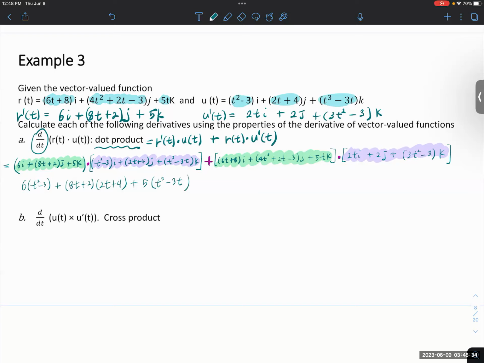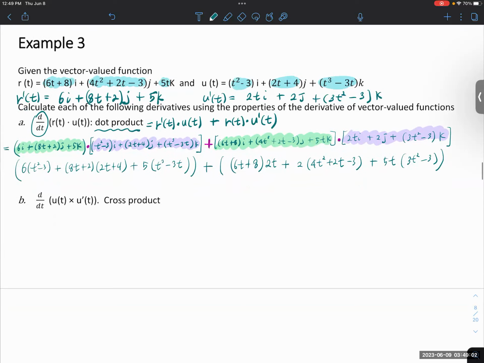And then this is the first dot product plus the second dot product, 6t plus 2 plus 8, 2t plus 2 times 4t squared, 2t minus 3 plus 5t, 3t second minus 3. That's it. And we're going to expand it. That's what you're going to do. You're going to expand.